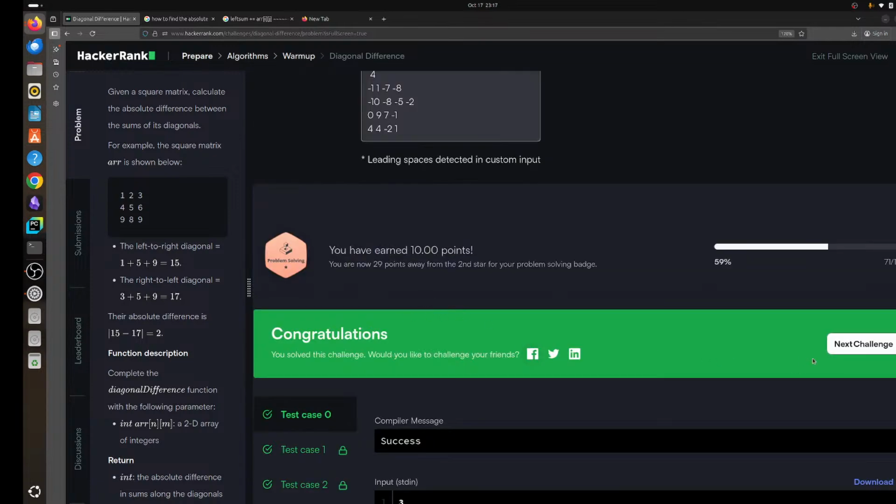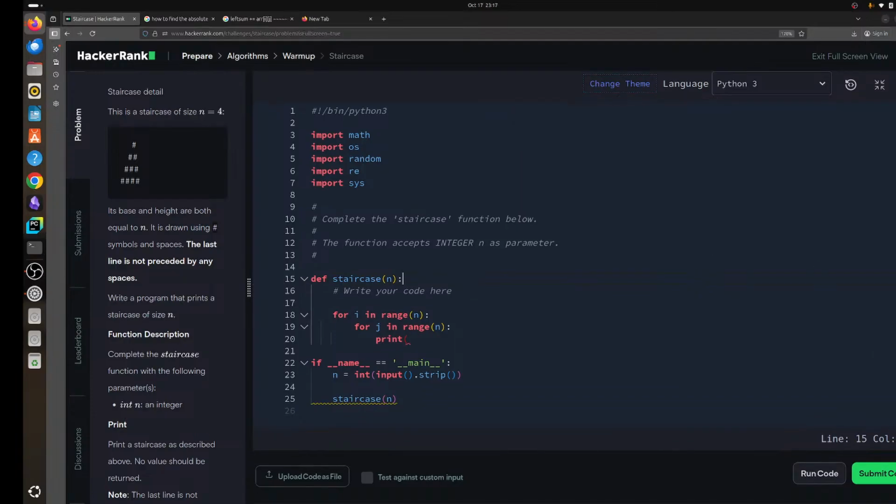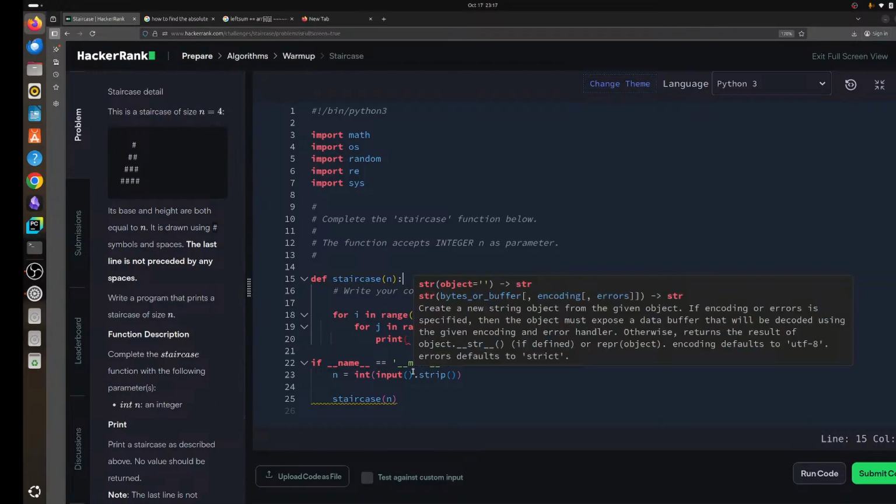Let's go to the next question. This is the final question. Here we had to find the hash.